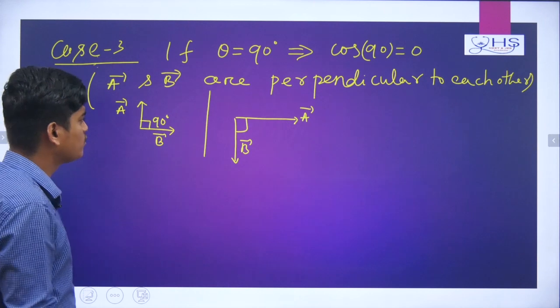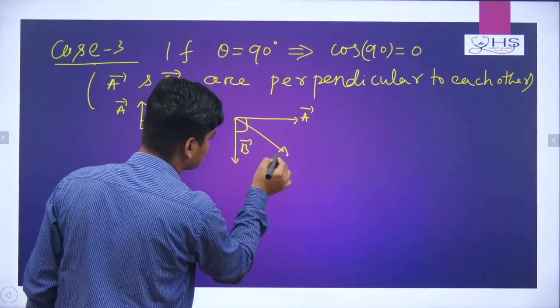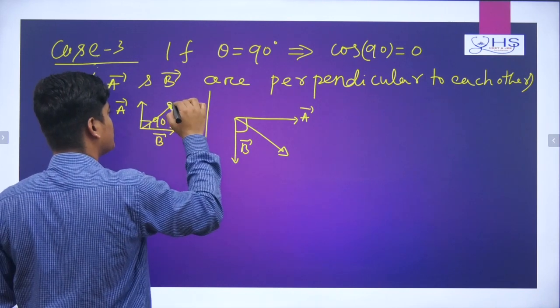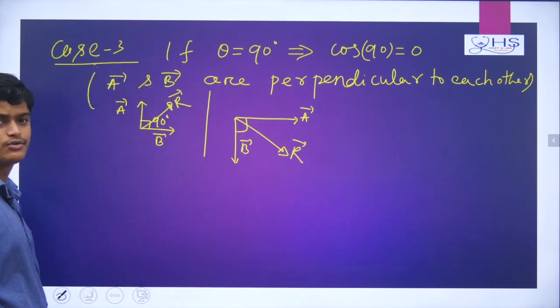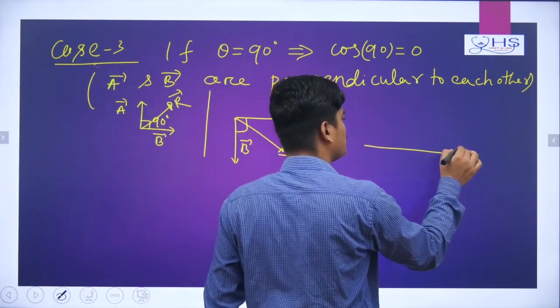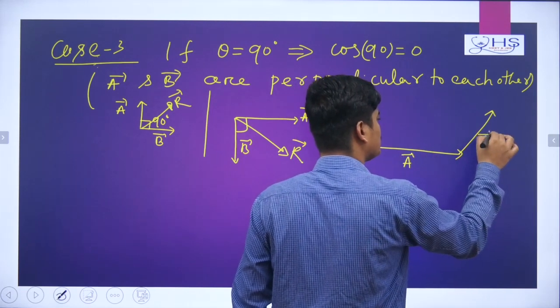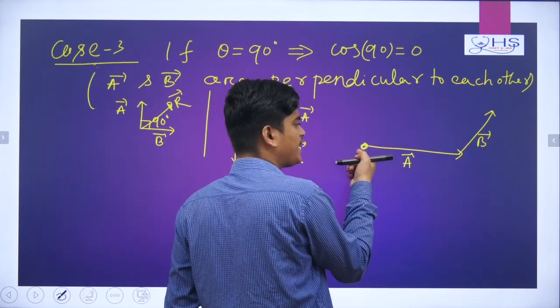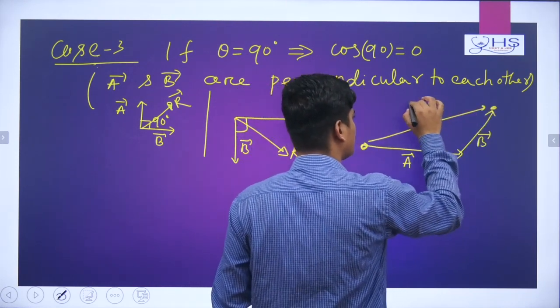In this case the resultant will be in this direction, but in the other case the resultant will be in this direction. So this is your R vector. You have to obey that law I told: if two vectors are there, the resultant should join the tail of the first vector to the head of the second vector. This is the resultant direction.